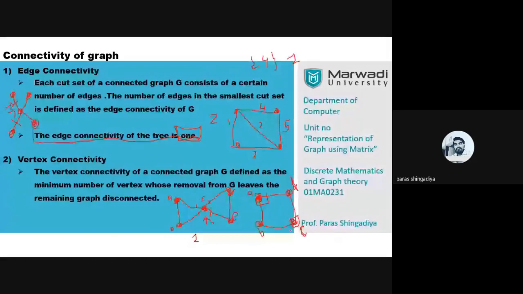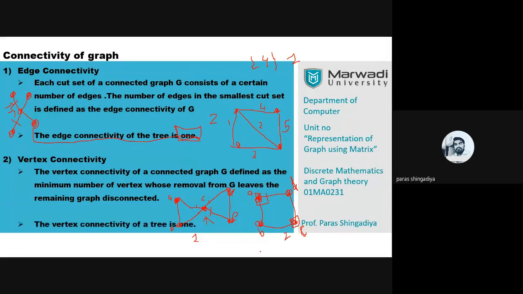When you delete A and C, what is the remaining graph? D is remaining, which is disconnected now. B is remaining, which is also disconnected now. So B and D remain as 2 disconnected parts of the graph. So the vertex connectivity of the second graph is 2.